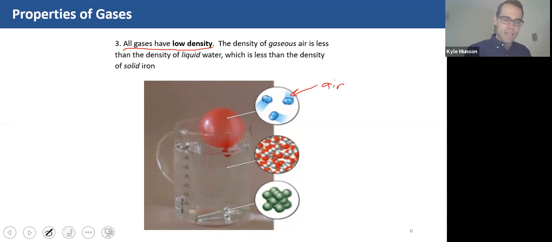And of course, that's less dense than solid iron. So this is like an iron nail in the bottom of this container here, illustrating the differences in density between these different states of matter. So again, gases have a low density. That's one of their properties. And so the balloon is kind of sitting on top of the water in this example.